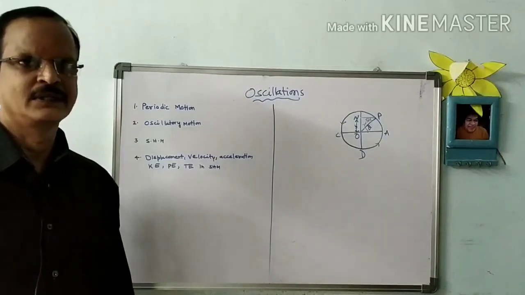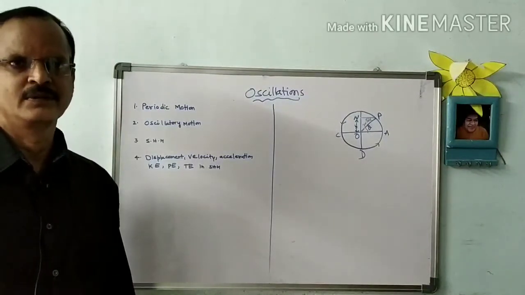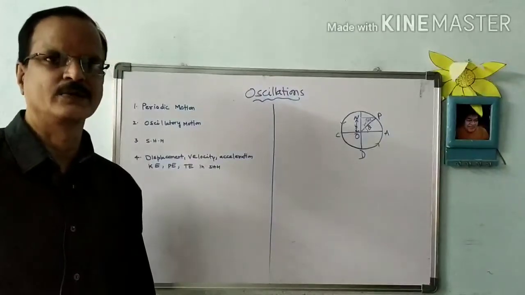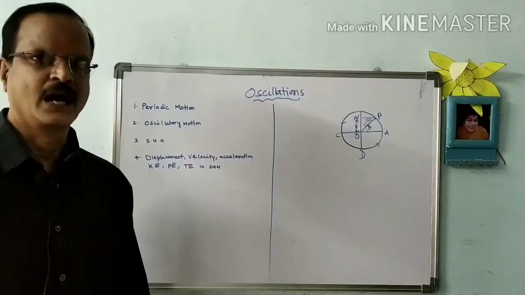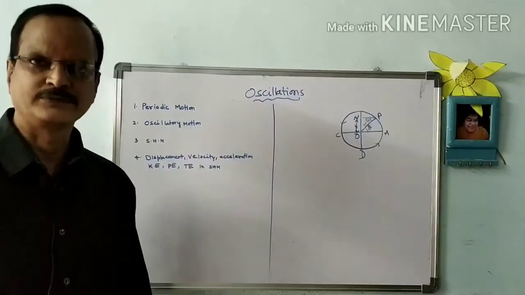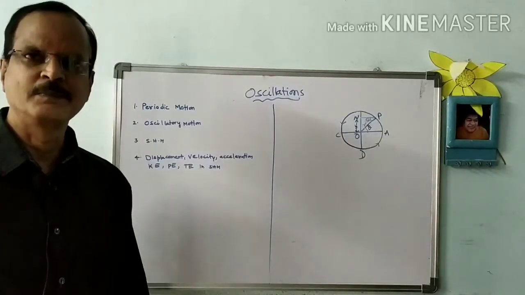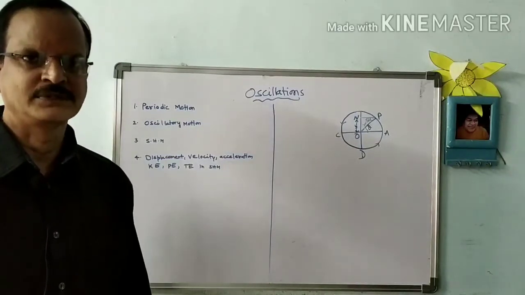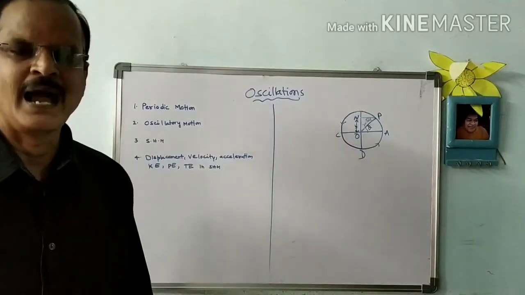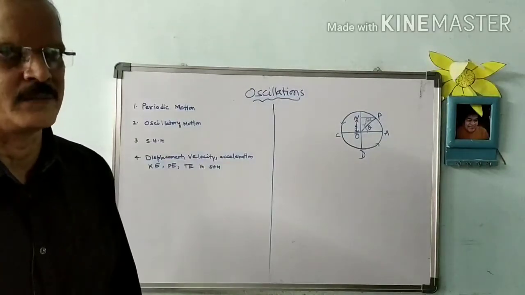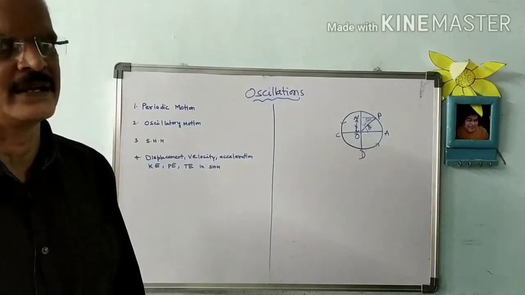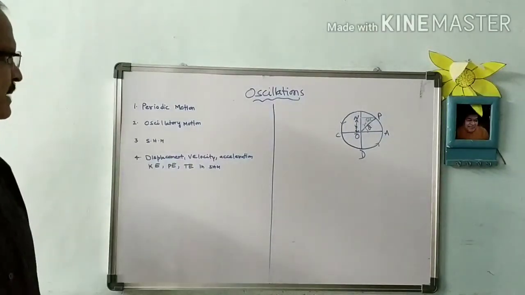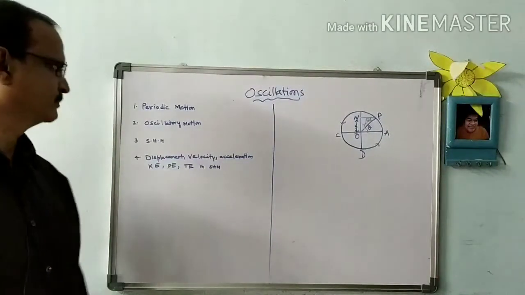The best example is the motion of planets around the sun, or the motion of a simple pendulum, or the motion of the seconds hand or minutes hand in a watch. They are all examples of periodic motion.